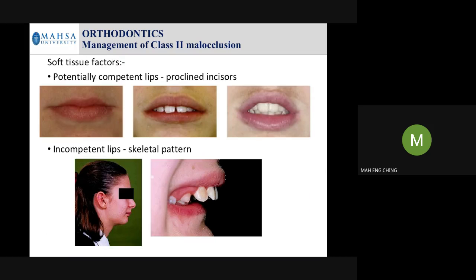Okay. Soft tissue can be the lower lip trapped behind the upper incisors, pushing the upper incisors forward and proclining them. So class 2 division 1 usually has incompetent lips. The lips cannot close properly, but they can still bring them to competent if they do it consciously. You can stretch the muscle and they can still close the lips. But if you ask them to rest, usually the lips are not competent.